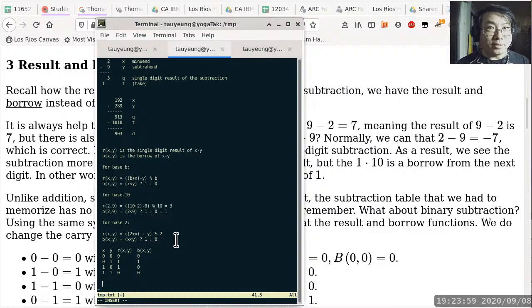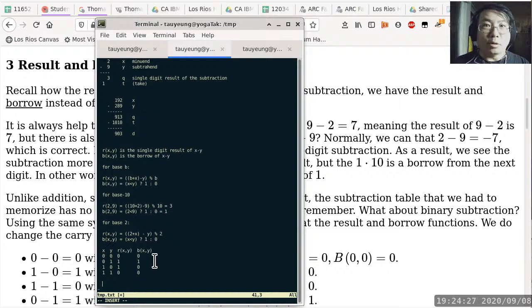So indeed, the R function is identical to the one that we have already talked about in binary addition. That's super handy, because it means the row Q up here, when we apply the R function for binary subtraction, is business as usual, just like last Thursday. So that part has not changed.